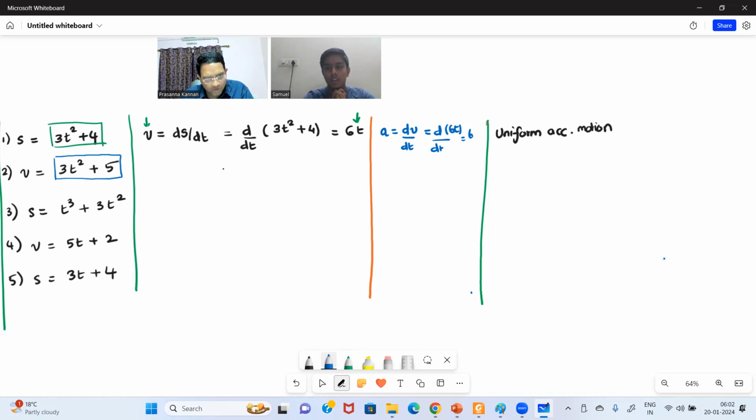So looking at this equation, is it uniform or non-uniform motion? Non-uniform motion. Good. That is the first thing you determine. Now, this is not enough to tell you whether it is uniform accelerated or non-uniform accelerated. Non-uniform means the velocity will change. And what else do you know about non-uniform motion?